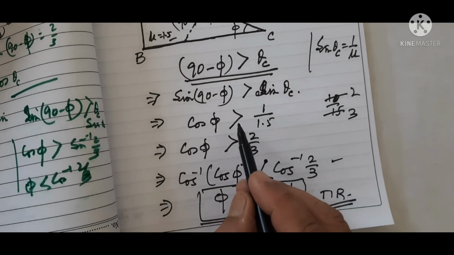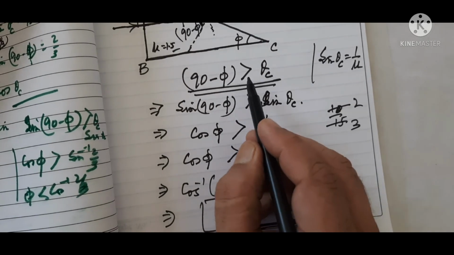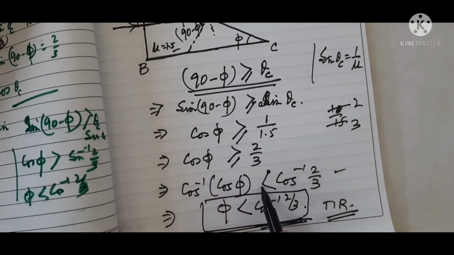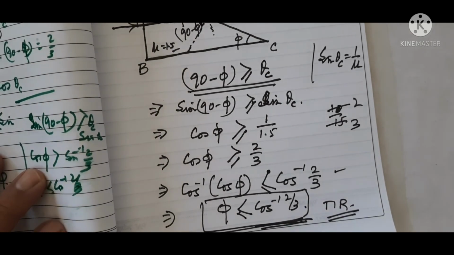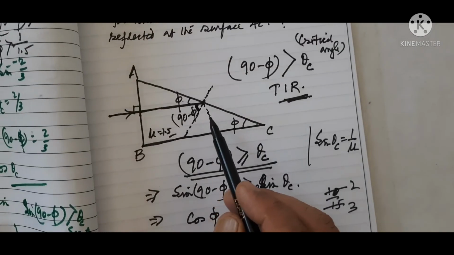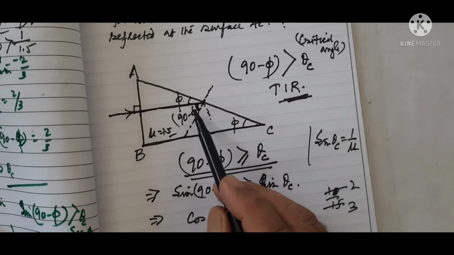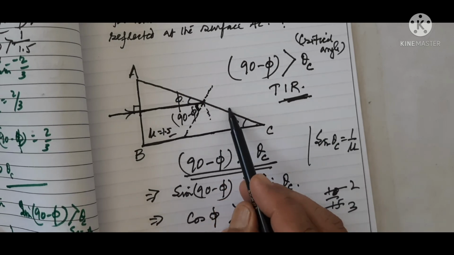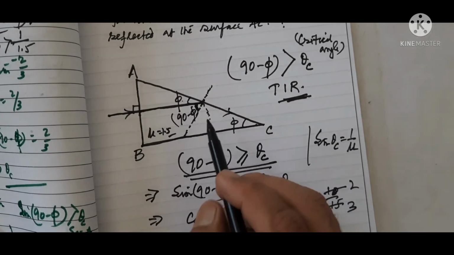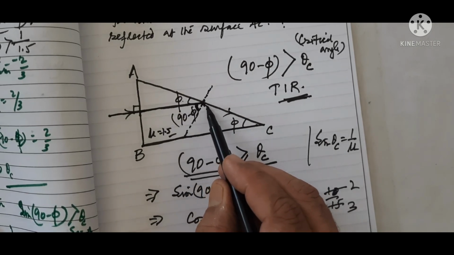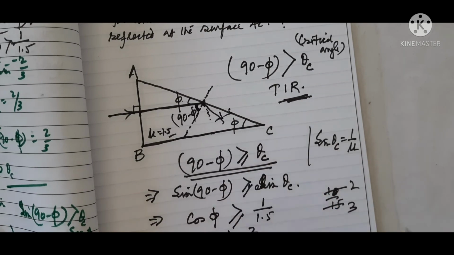We can write in this particular manner; if we take the borderline condition, equal to also we can write it. That's the borderline, because if the angle of incidence is equal to the critical angle, then it grazes the interface. But for TIR, there should be a little bit more than the critical angle. Then only total internal reflection occurs.